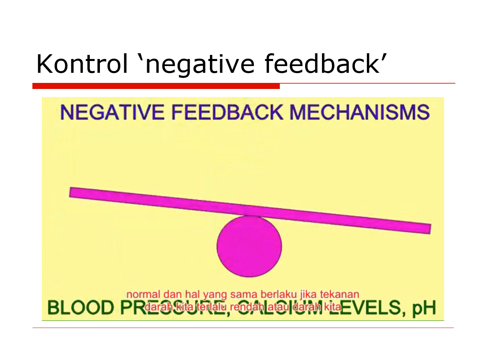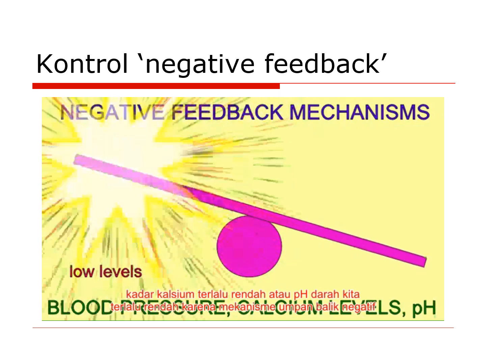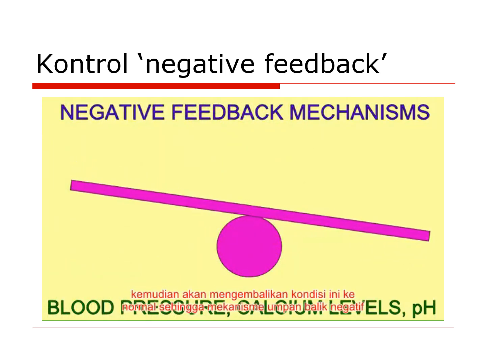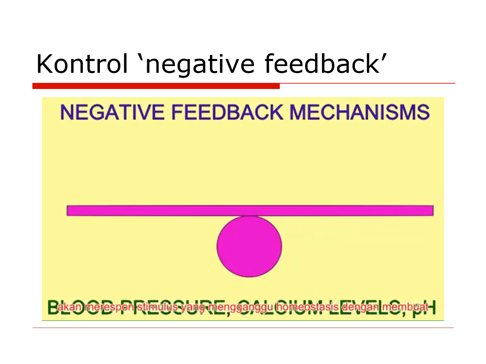And the same would apply if our blood pressure were too low, or our blood calcium levels too low, or our blood pH too low. Negative feedback mechanisms would then return these conditions to normal. So negative feedback mechanisms will respond to a stimulus which disturbs homeostasis by making the stimulus go away, by returning the body to its normal state.